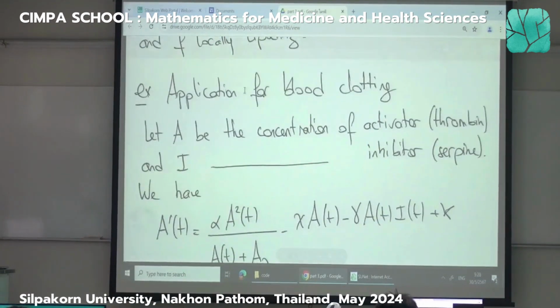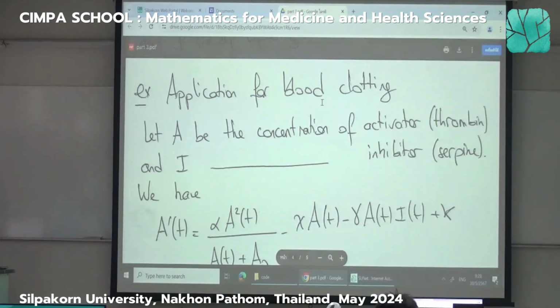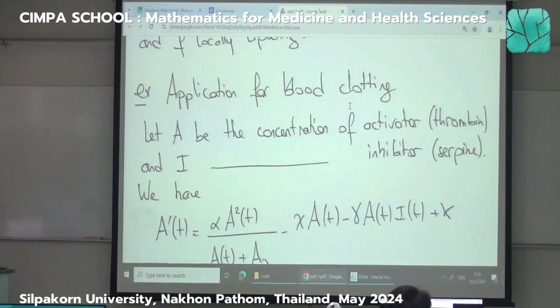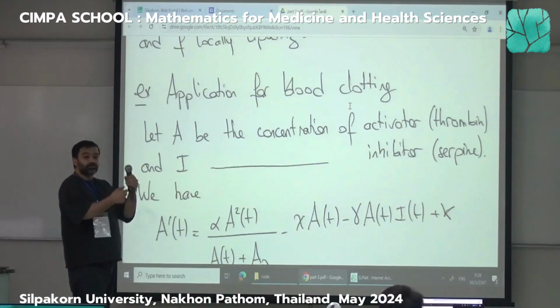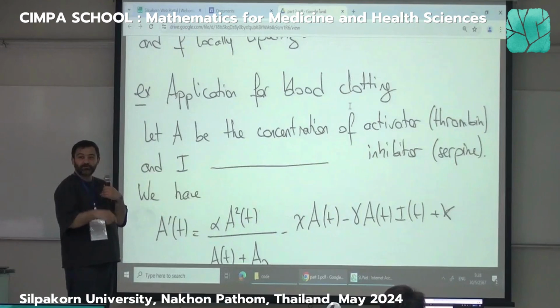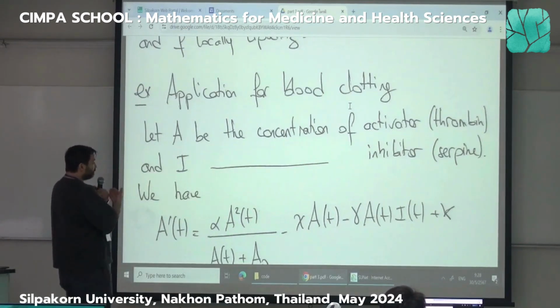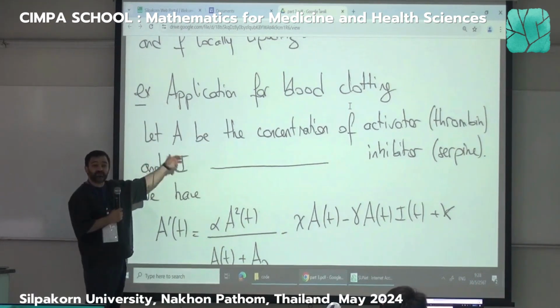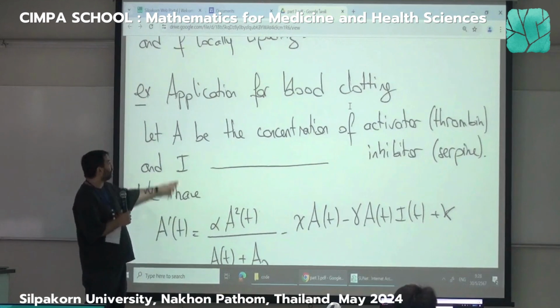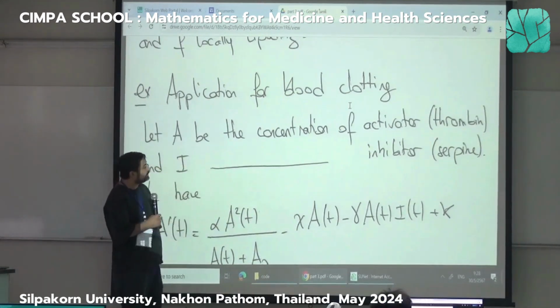Okay, one application is blood clotting. So what is blood clotting? If you remember my talk on the first day, when you are bleeding, something will activate the coagulation process. We call it A to simplify.